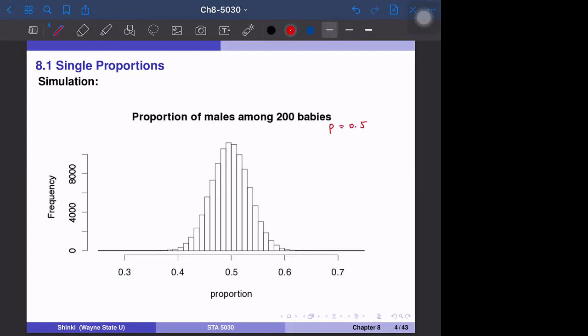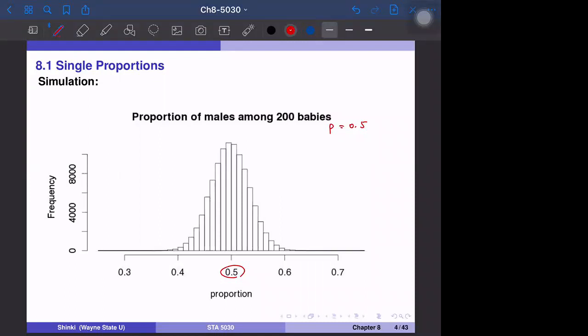Since the true probability of a male baby for each observation is 50%, on average we have 50% male. And you can see that there are 10 bins. I think I have generated this probably 100,000 times.